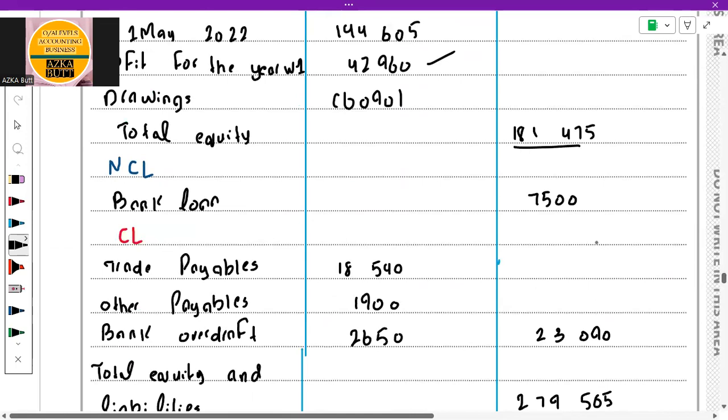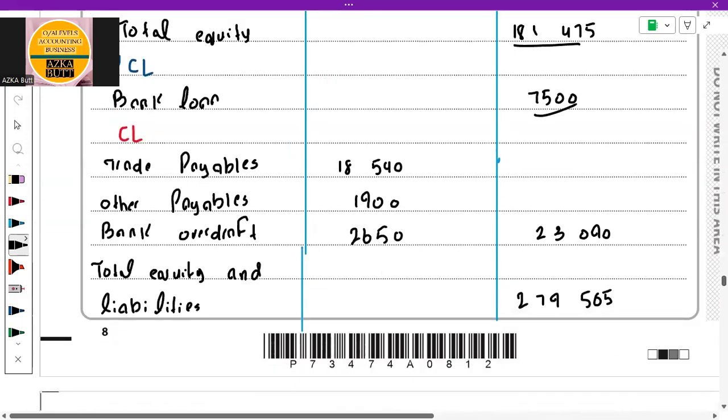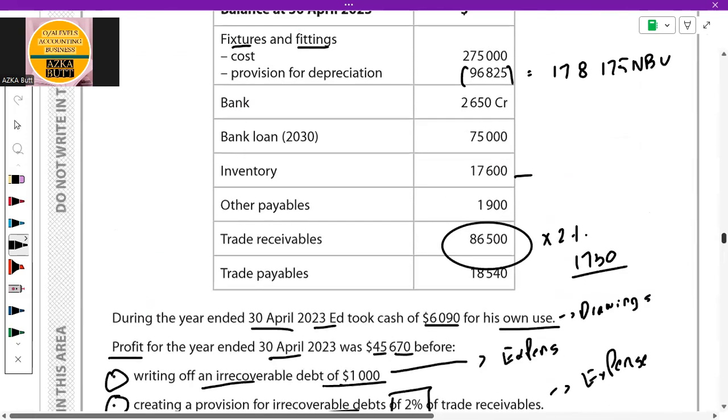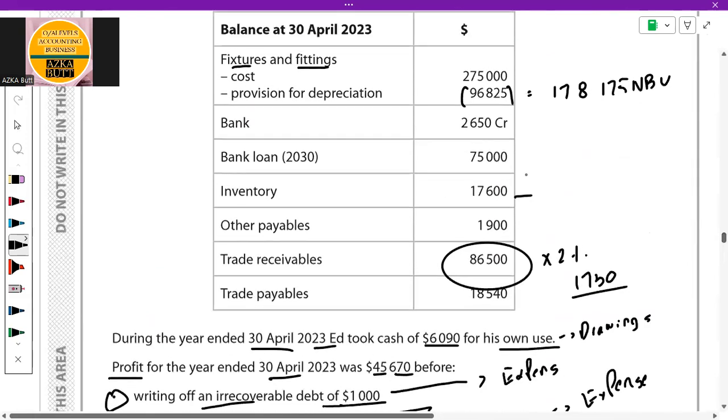In the non-current liability, we have the bank loan, and in current liability, we have the trade payables, other payables, and bank overdraft. You can also see it from here. In front of the bank, they have written CR. CR means that we have overdrawn the bank, we have overdrawn the amount from our bank.